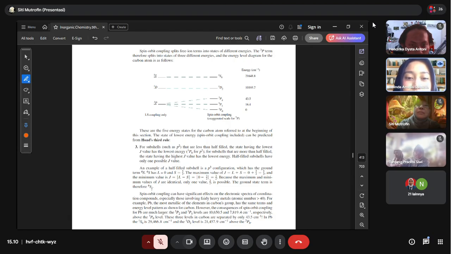Dan untuk subkulit yang lebih dari setengah terpenuhi, keadaannya menjadi lebih tinggi J value-nya. Setengah terisi dari subkulit tersebut memiliki hanya satu kemungkinan nilai.